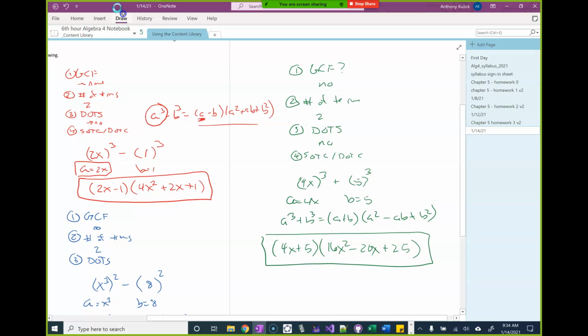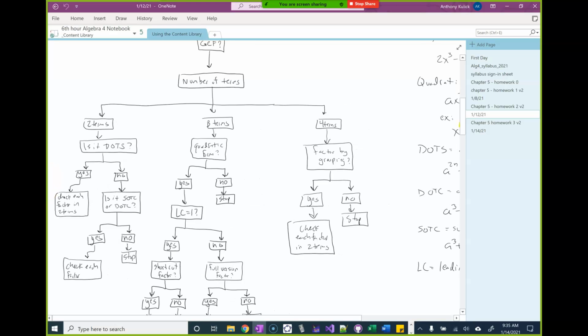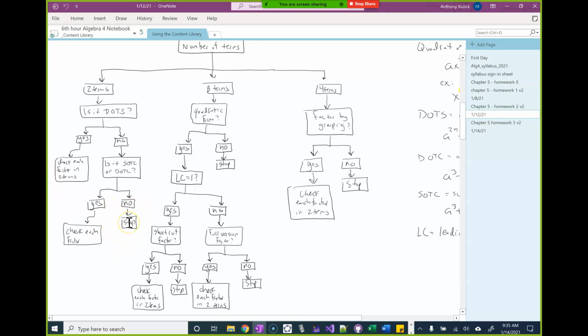Again, going through and using the chart really makes a big difference, or knowing that that's really what you need to be using. Megan, so what are the tips on how to know whether it's practical or not? So basically, if we go back and look at this diagram, if you get to a stop, that means that piece is no longer factorable, whatever it is you were trying to work on.